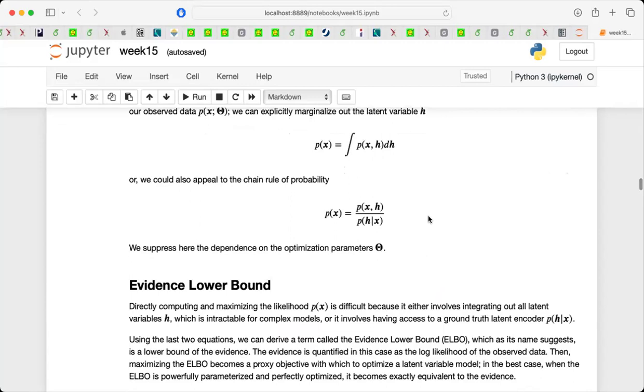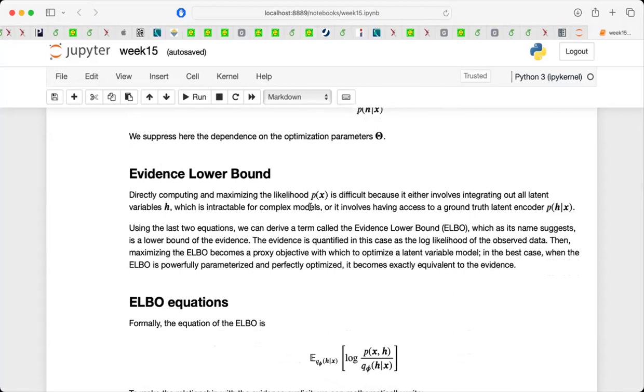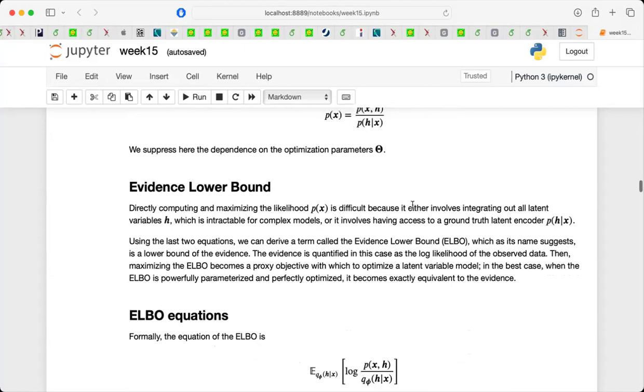And when we now look at the chain rule of probability, this is something which we can rewrite. So this P of X can be rewritten like this, or alternatively, it can be rewritten in terms of P of H as a function of X given H multiplied with the probability P of X. So directly computing and maximizing the likelihood, as we said, is difficult because it involves either integrating out all the latent variables, which basically is intractable for complex models, or it involves having access to a ground truth latent encoder.